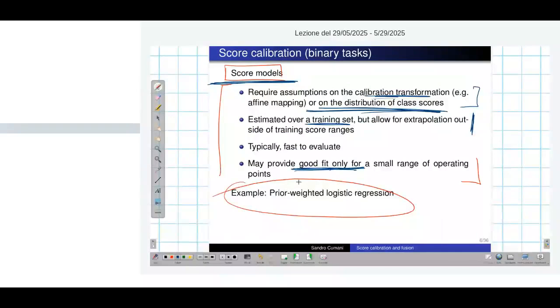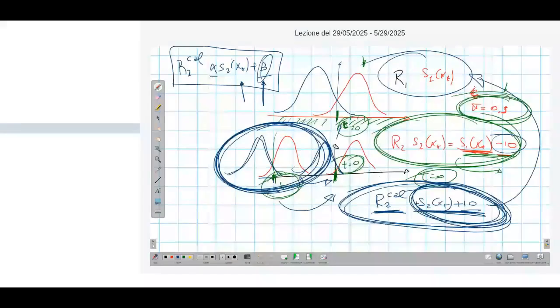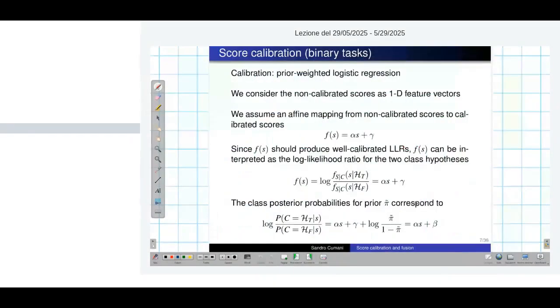So with respect to choosing the threshold application by application, here we will have models that are trained typically for a specific application in mind, but will provide scores that will look well calibrated also for applications that are not too different, and in some cases even very different from the one we trained on. A possible way will be using exactly the logistic regression model that we have seen up to now.